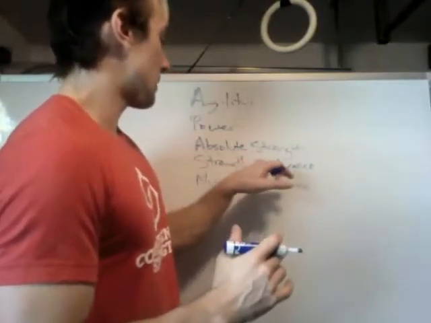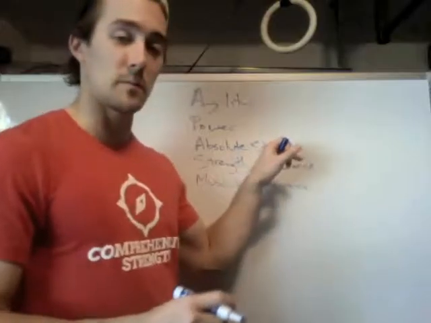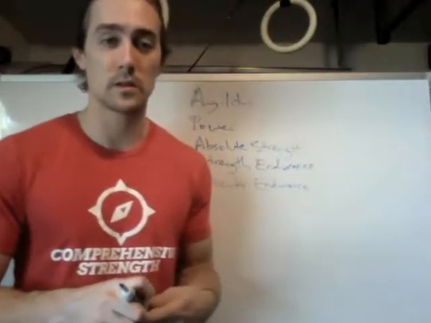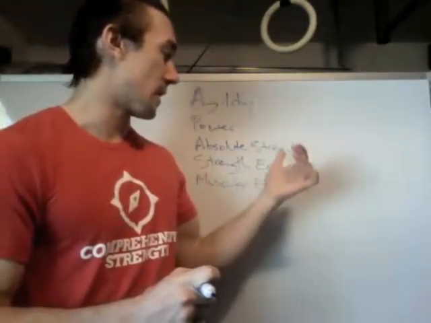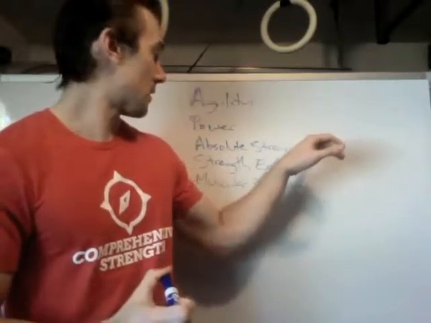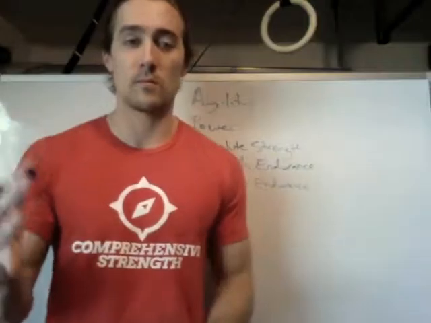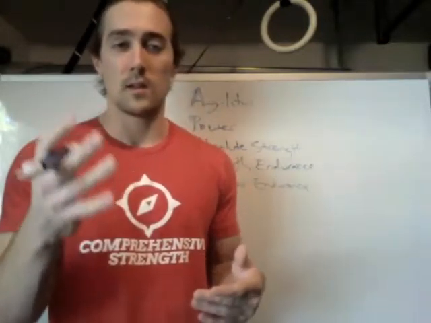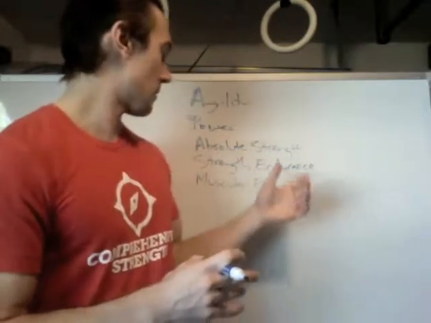Strength endurance can also be the same movement as the absolute strength work. So it can be like an 80% test. Say the absolute strength work is a max squat at 3/0 exo tempo.